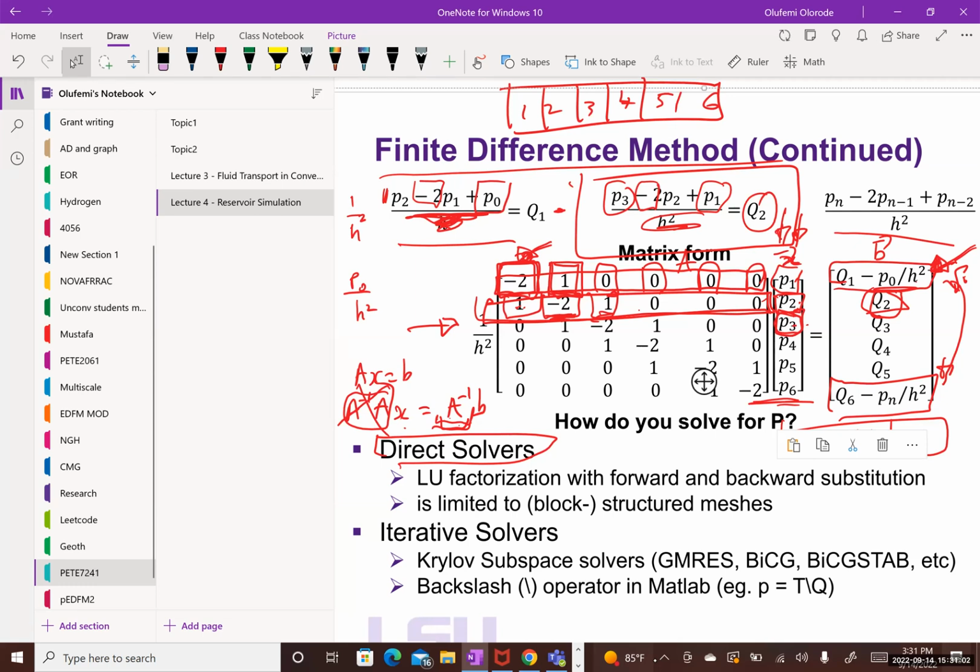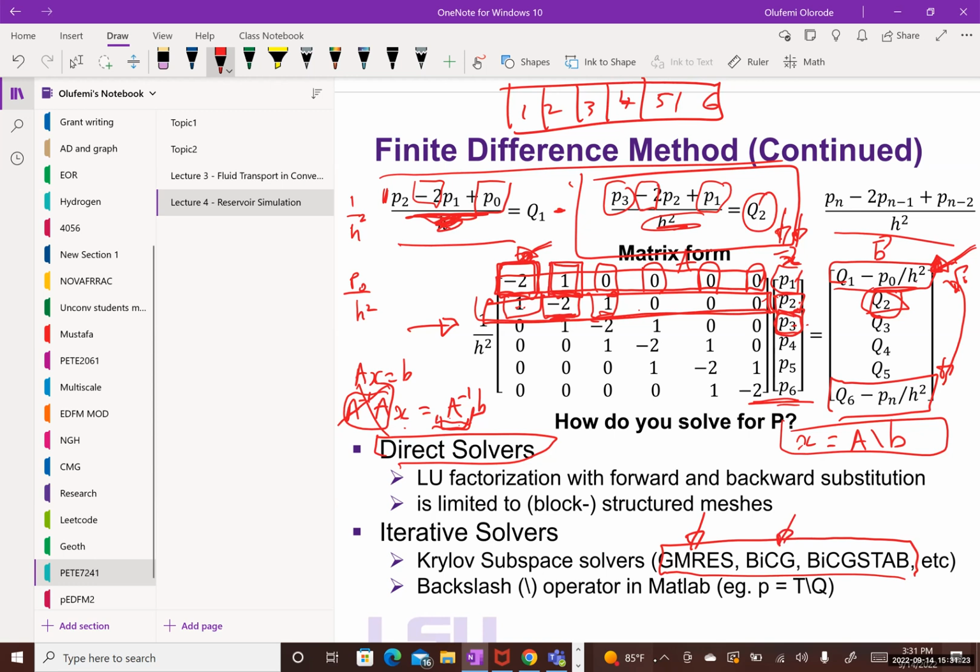And then there are solvers that have been used for reservoir simulation. I think Eclipse uses nested factorization with the option of GMRES, the generalized minimum residual method, or the conjugate gradients method.